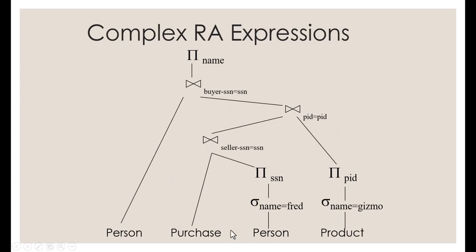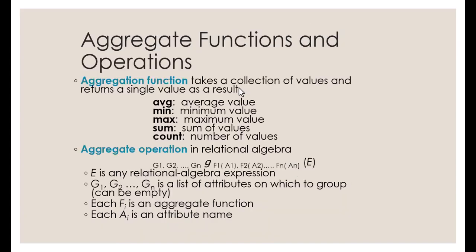And from that, we're taking a natural join between that and person, where the buyer SSN is equal to SSN, and we want to see the name. So it can get pretty complex, so it might be easier for you to break it down into subqueries to make it easier to understand visually.